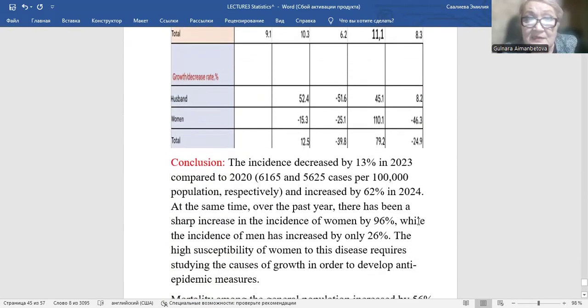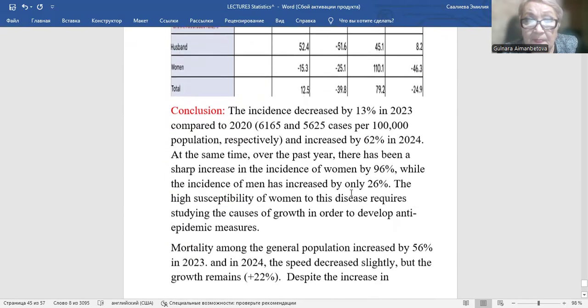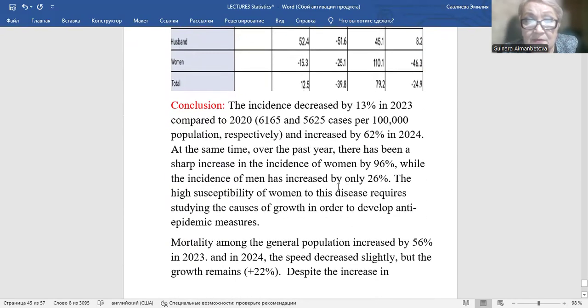Conclusion. The incidence decreased by 30% in 2023 compared to 2020, 6,165 and 5,625 cases per 100,000 population, respectively, and increased by 62% in 2024.